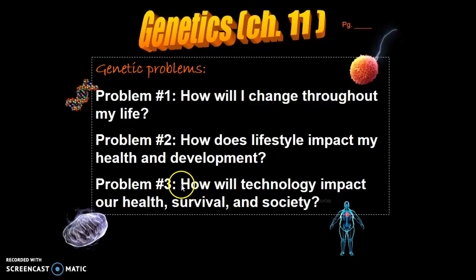And then problem 3 is, we want to start exploring, not as much in this chapter, but certainly in chapter 13, how will technology impact our health, survival, and society?